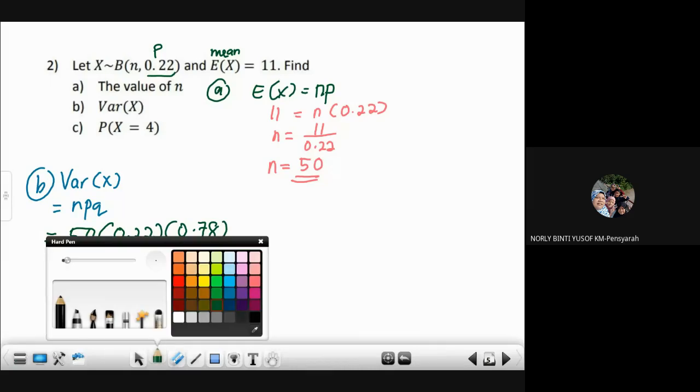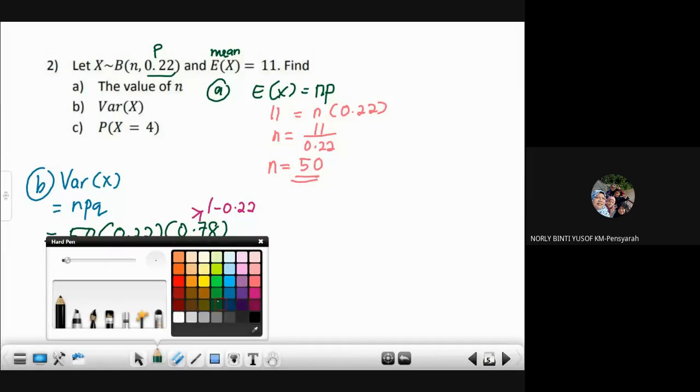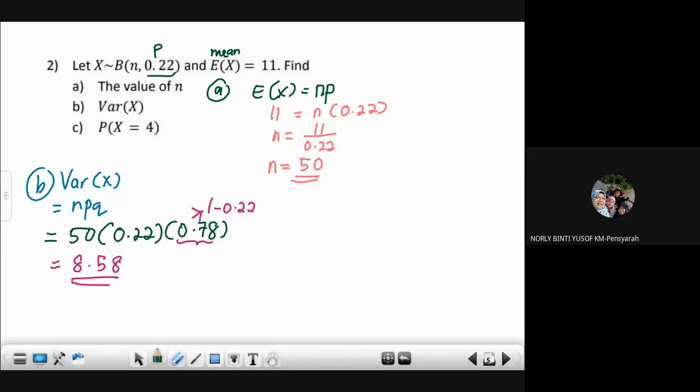Macam mana dapat 0.78 is 1 minus 0.22. Terus dapat 0.78 lah. Kalau you nak tulis, you tulislah. Kalau tak, you calculate terus. 1 tolak 0.22. You got 0.78. Then you can get the value 8.58. That is your variance. And then sama soalan nak cari probability with the discrete equals to 4.